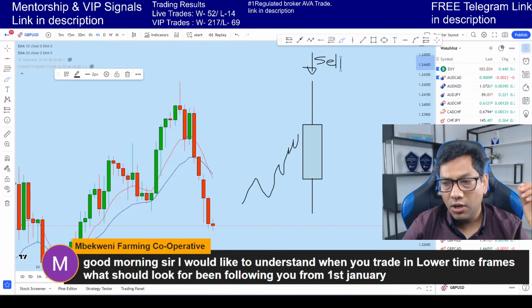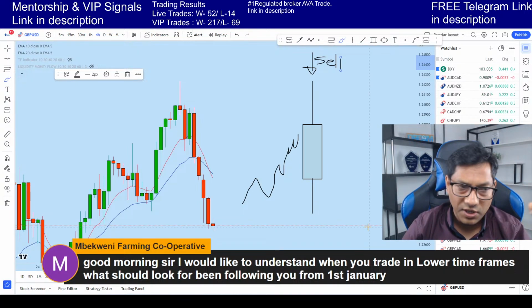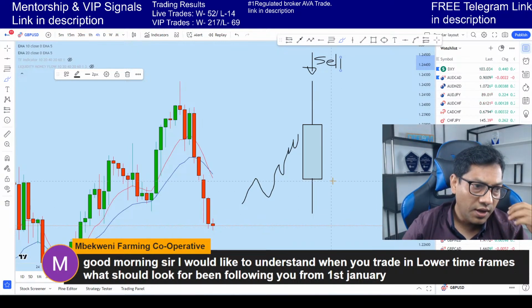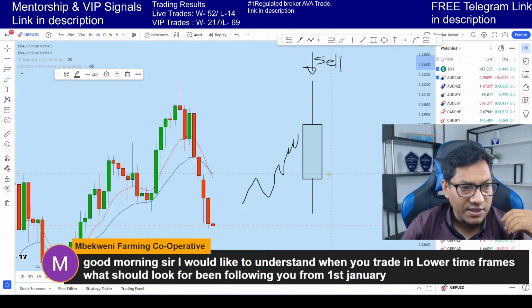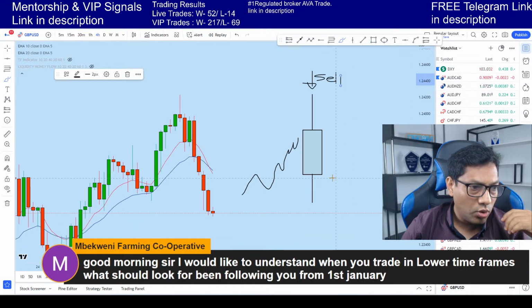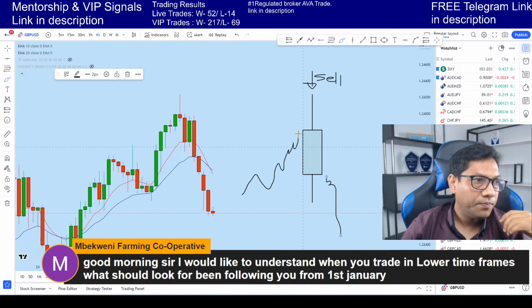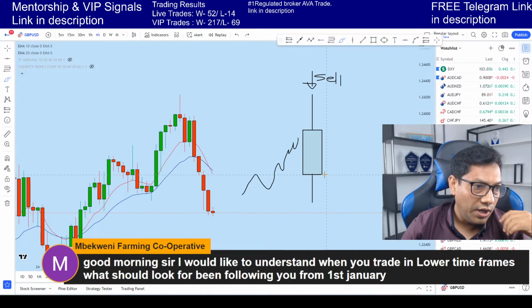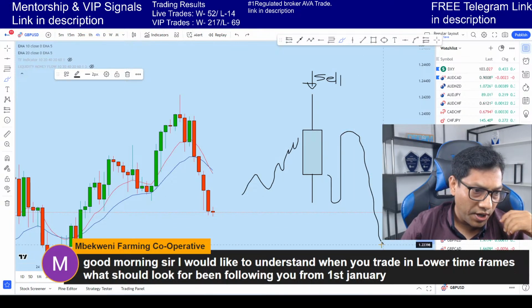But if I'm trading on the lower time frame, such as the 5 minutes, then because I have a sell signal, I know that the next one I'm expecting to drop. It may not drop straight from here. Initially you could see a drop and then a rise to a certain level, and then it will drop again. That's my expectation.